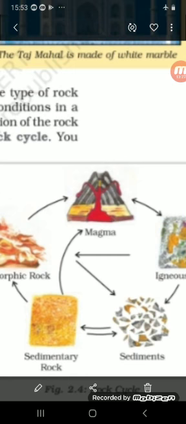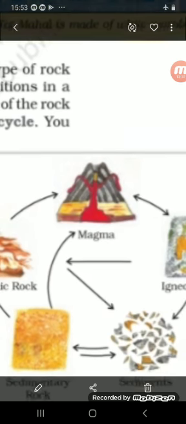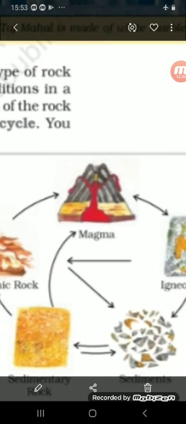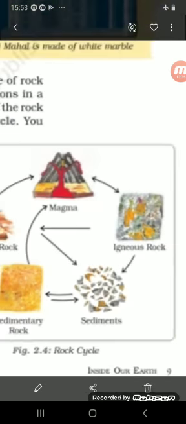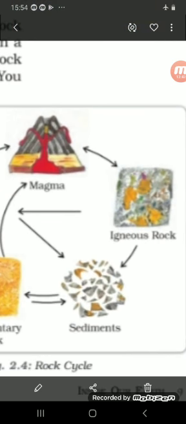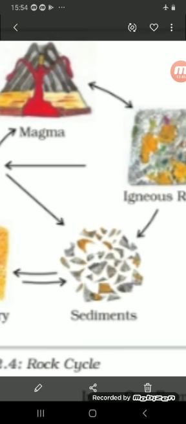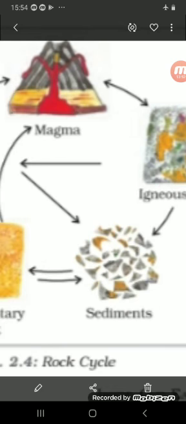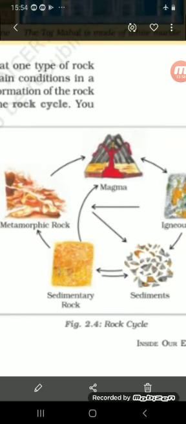Rock cycle. Molten magma solidifies and forms igneous rock. Igneous rocks are again broken into small particles, and these particles are called sediments. These particles are transported and deposited to form sedimentary rocks.